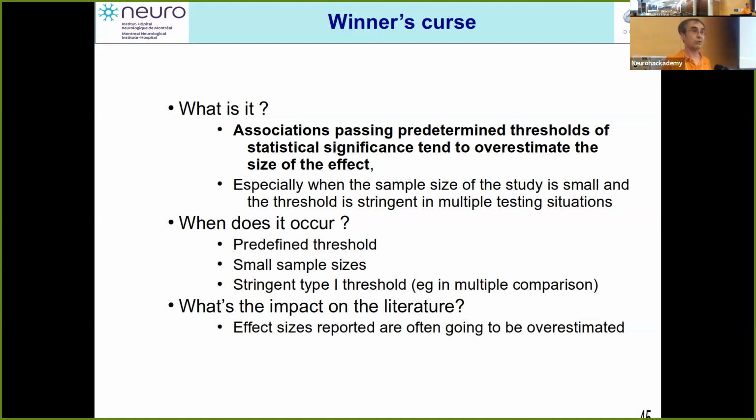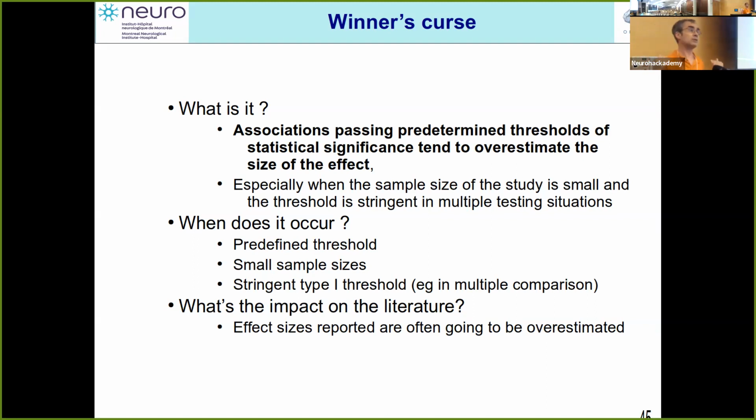but it means that most of the effects that we see in the literature are overestimated. So when does it occur? Whenever there's a predefined threshold. 5% is a predefined threshold; you're looking at effects that are above z equal 2 or something. Small sample sizes are one of the things where the effect is very variable, and therefore with a threshold you will overestimate. You've seen those plots probably.